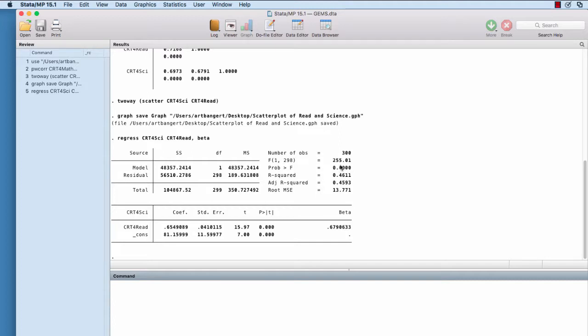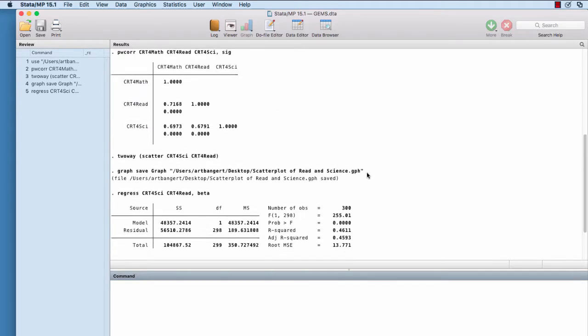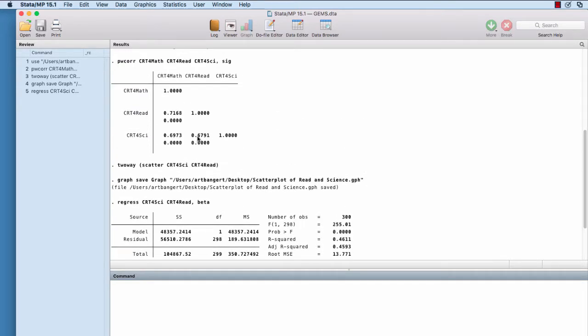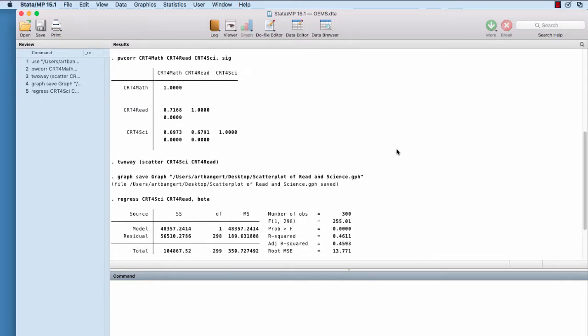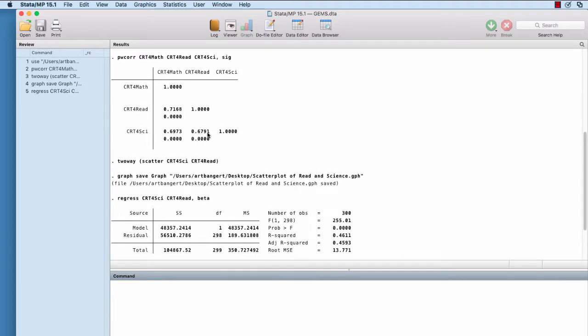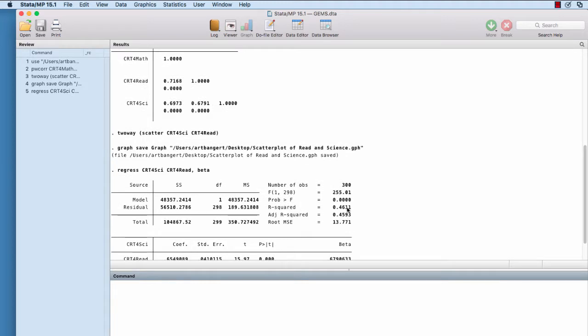And this is a significant result. In other words, that relationship is significant. Being that this is linear regression, if we were to take the square root of this, we would find that it was 0.679. In other words, R square is this value squared, and that's the value we get here.